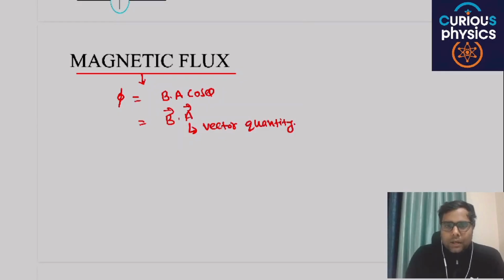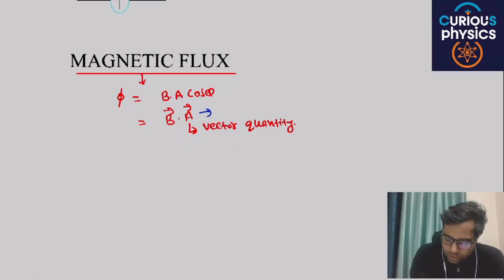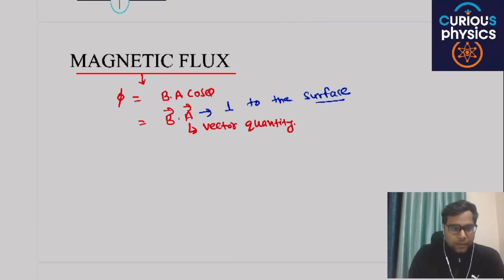For an open surface like a triangle, like a circle, the area vector is perpendicular to the surface. Always this area vector is perpendicular to the surface. Are you able to get my point or not? Perpendicular to the surface.